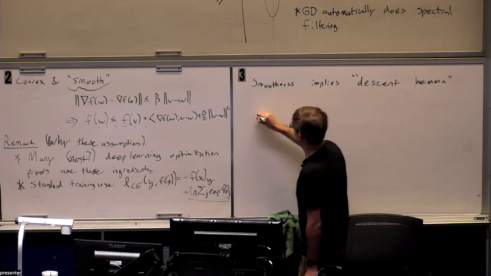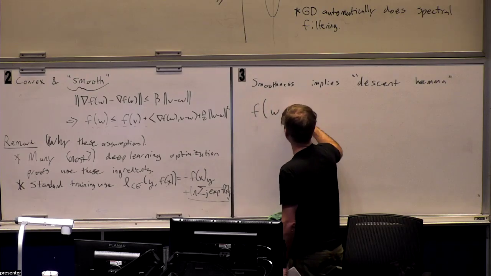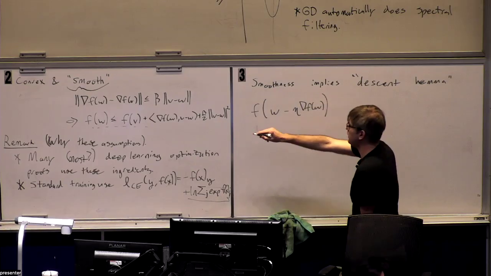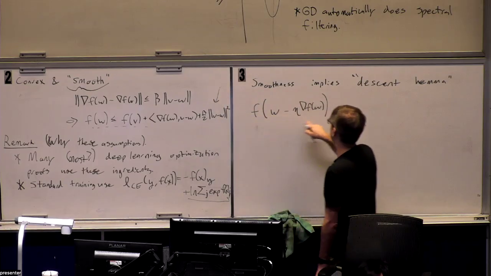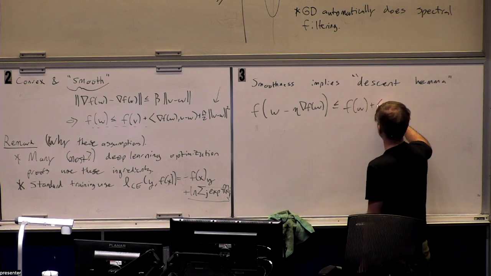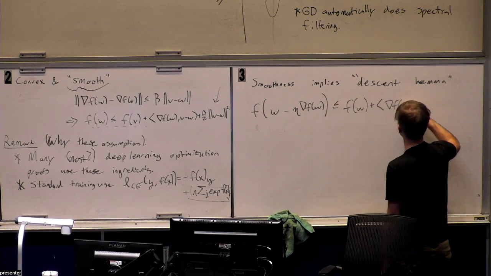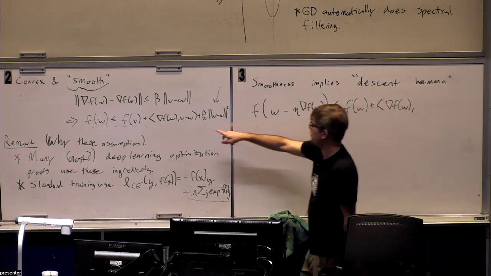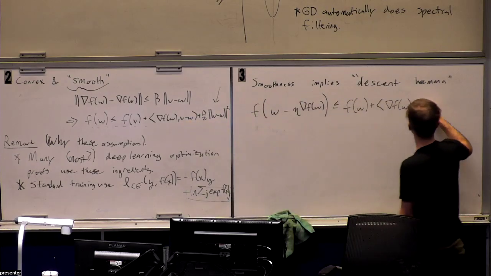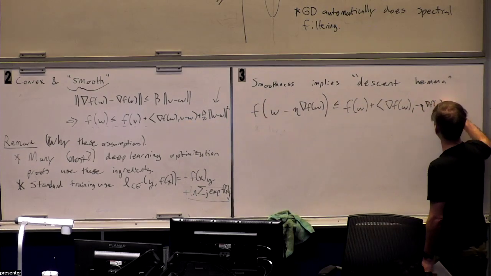If I invoke smoothness for one step, take that definition I wrote, the second line, and plug in gradient descent, I'm just going to grind the definition. Now I have next iterate minus previous iterate, so the w's cancel, and I just end up with eta times the gradient of f at w.